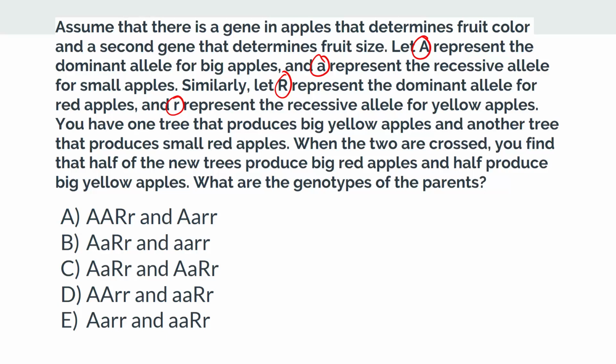Yes and no, because we're dealing with 2 genes, so maybe some of them are, some of them aren't. The parents are the parent generation. I'm talking like here's parent 1, here's parent 2. What letters do I already know?